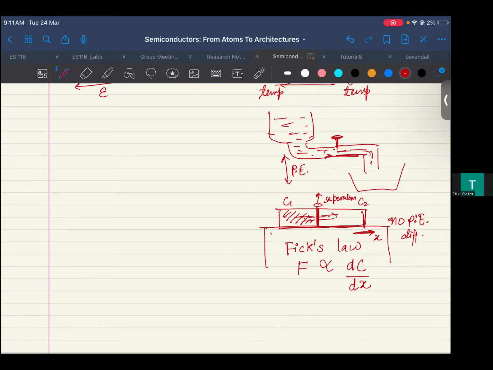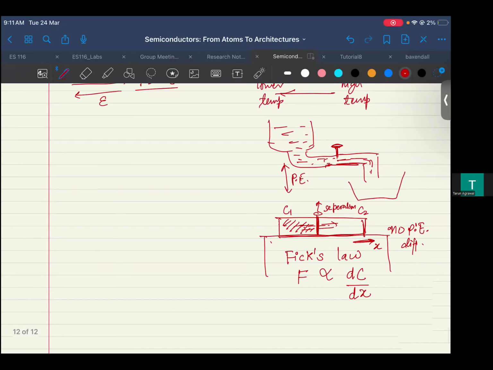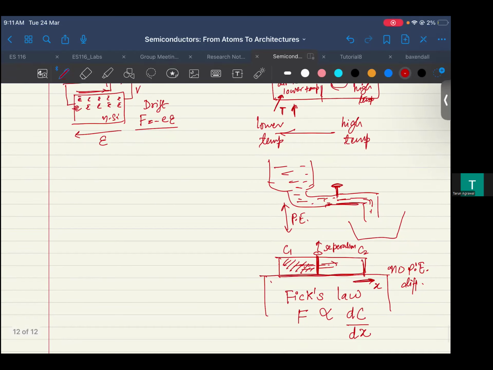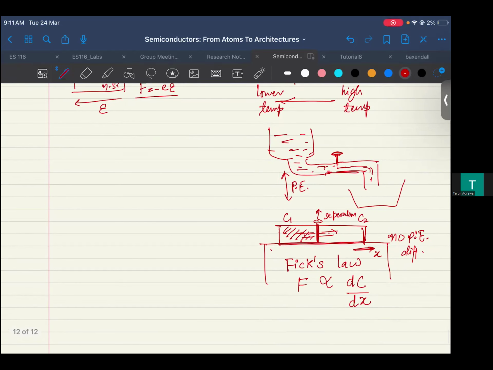Because there is a finite dC, you would see this happening. If there was already uniform water everywhere, then you would not see this happening, because everything is settled, so there is no flux. But whenever you have a concentration gradient, or in the other case we saw a temperature gradient, you would see that this kind of thing starts to happen, right?